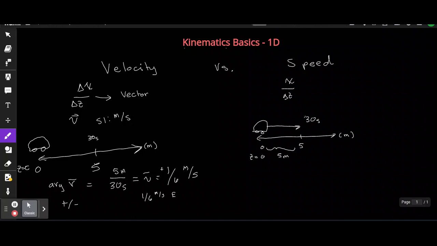So our speed is, once again, 5/30 meters over seconds, which equals 1/6 meters per second. As you can see, this is very similar to velocity, and the only thing is that we don't indicate the direction of our car. So sometimes we can say that our car is traveling left, up, down, at this exact speed, but our velocity can be different because the direction of our car traveling is different.